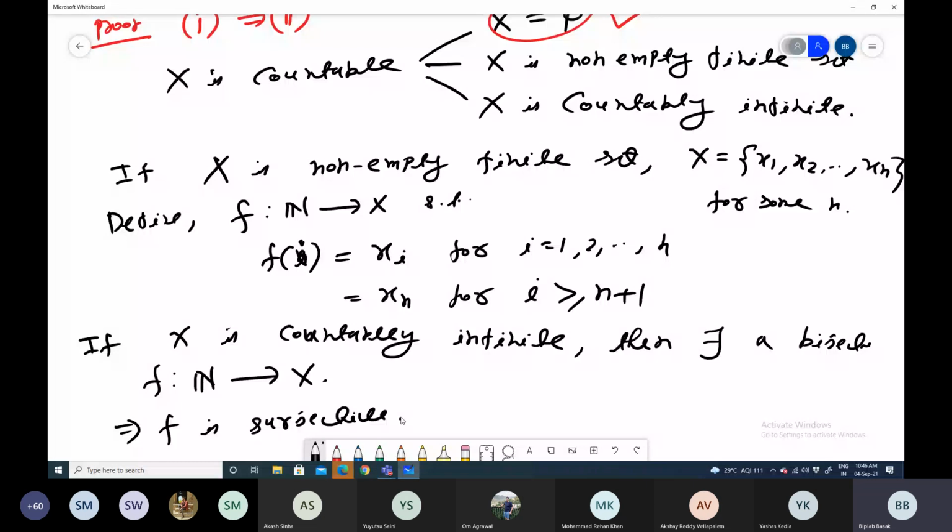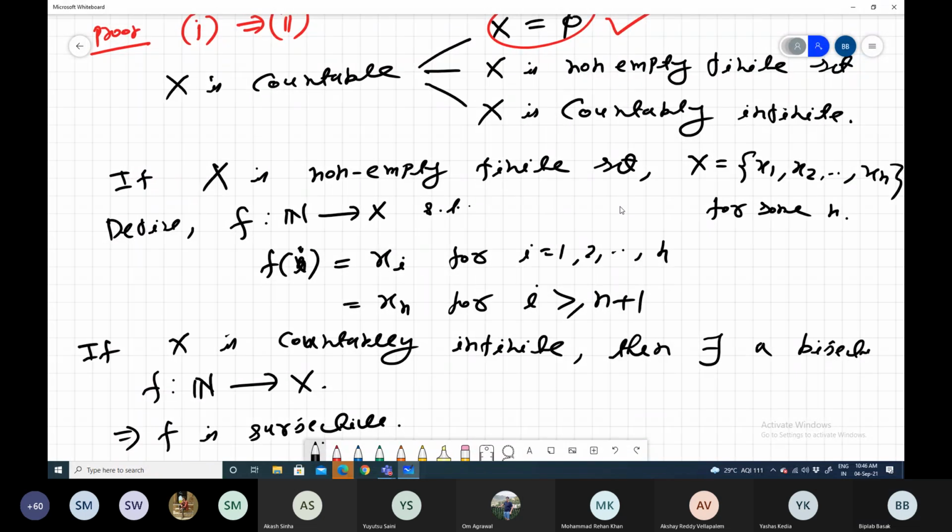So therefore, if X is countable, then we have three cases: either X is empty, X is a non-empty finite set, or X is countably infinite. All of the three cases we have proved, which is the required one. So if X is empty, then we leave that. If X is a non-empty finite set, then we define a surjection. And if X is a countably infinite set, then we already have a bijection. So therefore, f is surjective as well. So we are done.